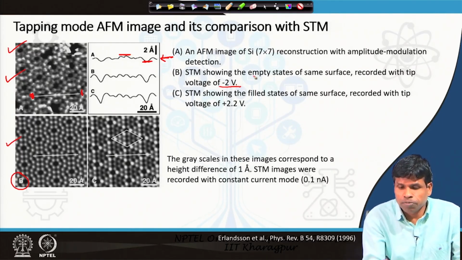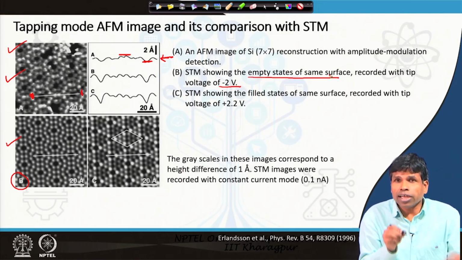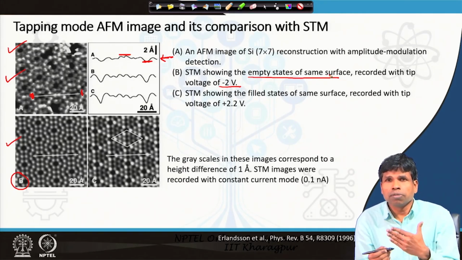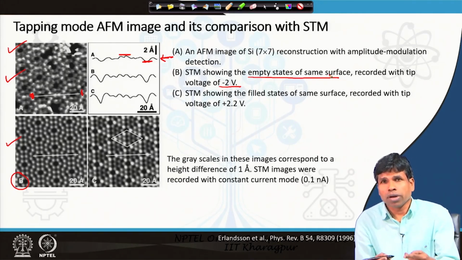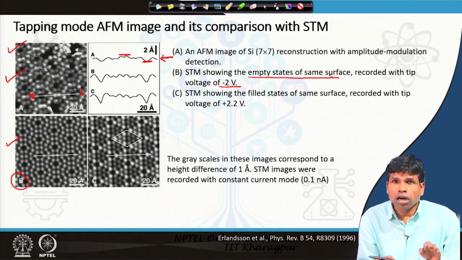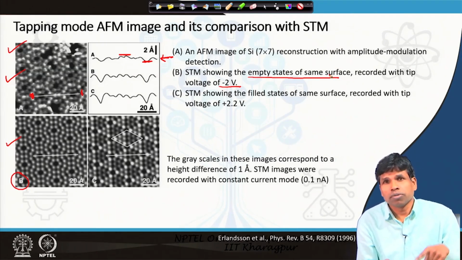That is why it is giving the empty states of the surface of silicon. The atoms which have empty states available will receive the electron from the tip, because we are applying a negative bias to the tip. That is, we are imaging the empty state atoms of the surface using the STM that we have discussed before.